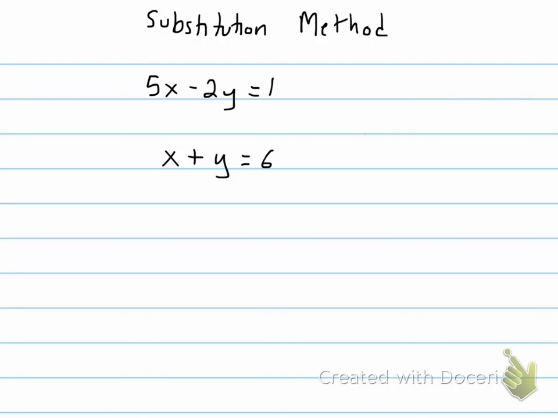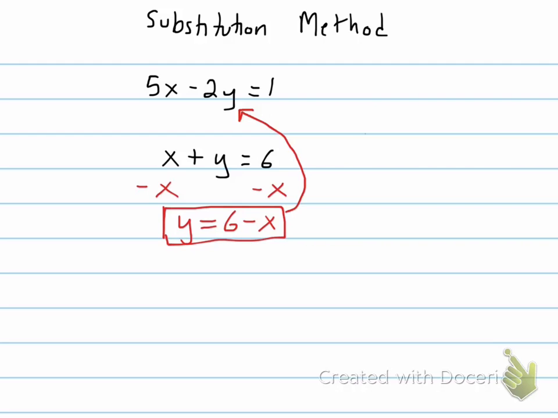Let's try one like this. Now, it's a little different. I don't have a variable alone, which I need. So, let's get that alone. Let's solve for y. So y equals 6 minus x. So let's use this and plug it into here.